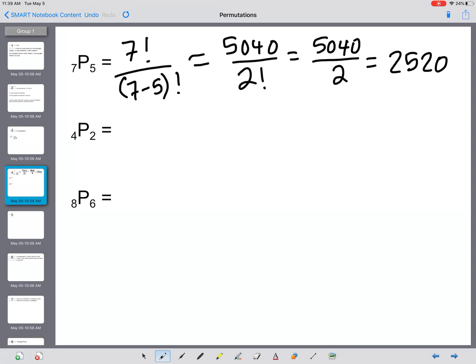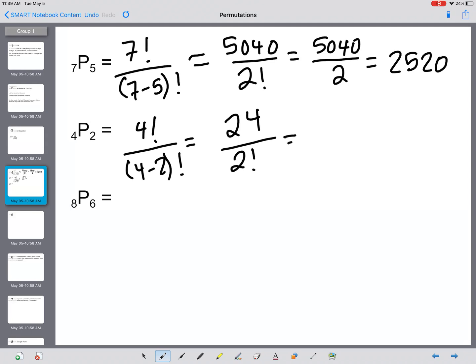So we'll do another one here. 4 permutations of 2. So I have 4 factorial over 4 minus 2 factorial. 4 times 3 times 2 times 1 is 24. 2 factorial again is just 2.